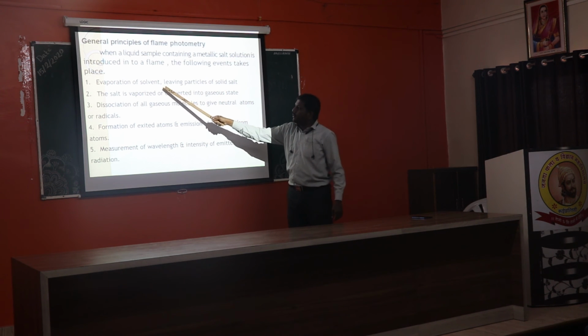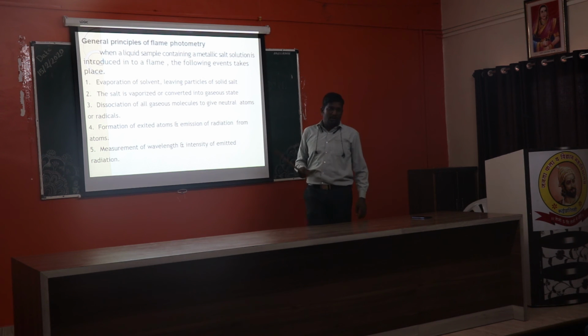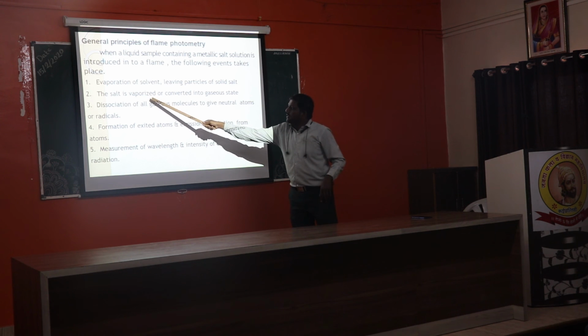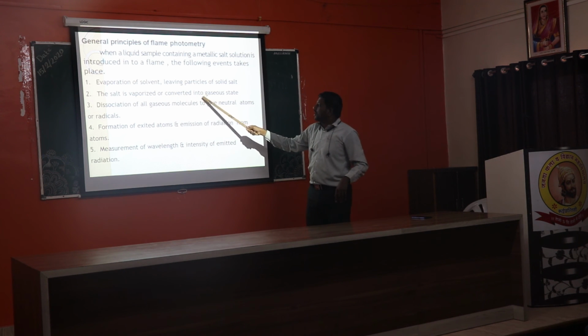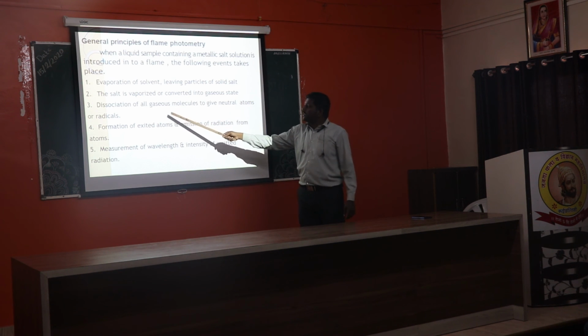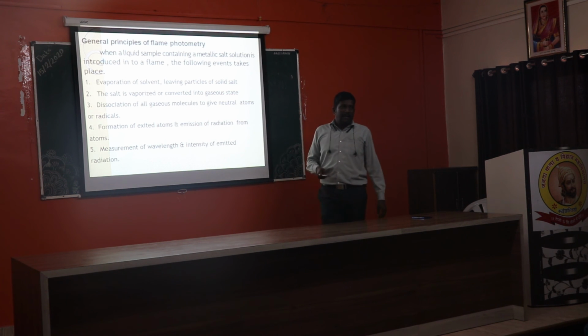Our liquid sample has a metallic salt. What is happening there? First step, evaporation of the solvent, leaving particles of solid salt. The solvent gets evaporated and what remains is the salt. In the second step, that salt is vaporized or converted into the gas state. Third, dissociation of gaseous molecules to give neutral atoms or radicals.